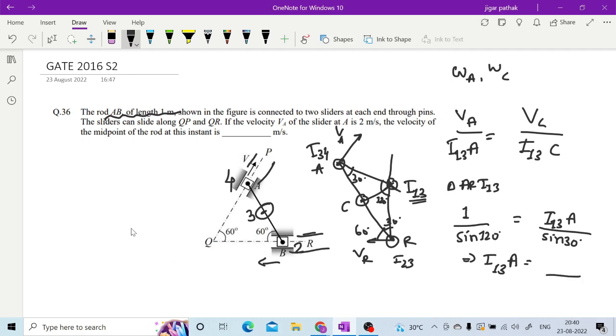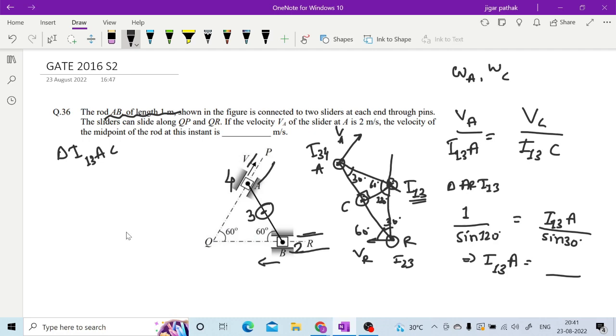Once you have the dimension of I13A, then you can check the triangle I13AC. If you apply the sine law there, this angle is 90 degree and this angle is 60 degree.